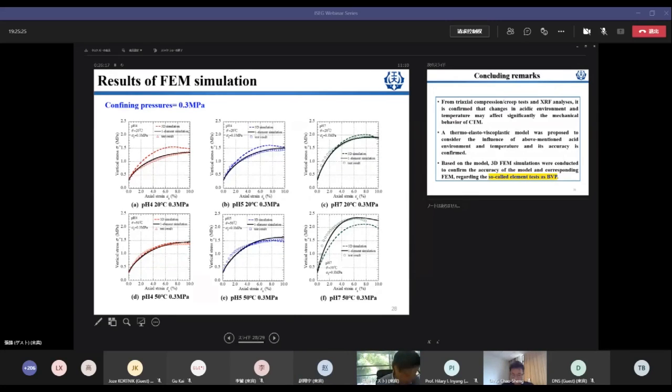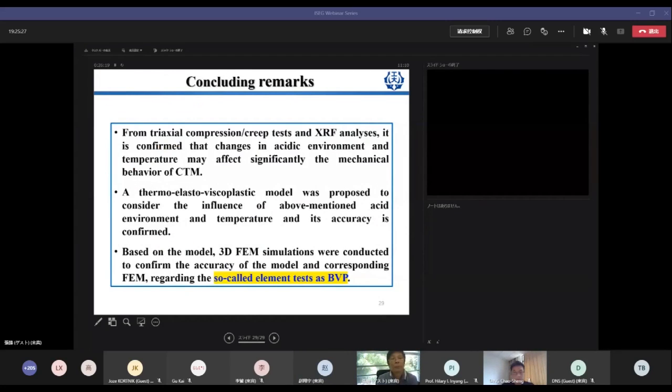So the concluding remarks: from the triaxial compression and creep tests and XRF analysis, it is confirmed that the change in acid environment and temperature may significantly affect the mechanical behavior of cement treated materials.